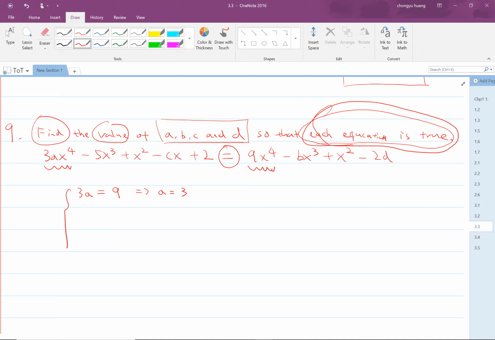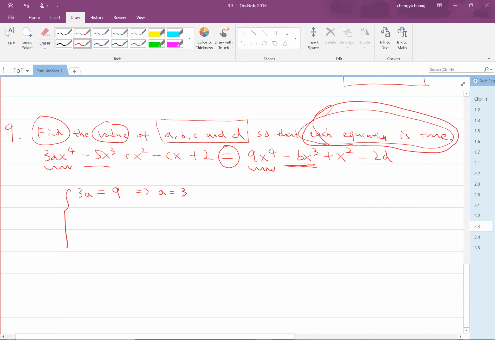Now we're trying to find the value of b. As you can see, b is on the right hand side, in the term negative b x to the power 3. On the other side there's a negative 5 x to the power 3.